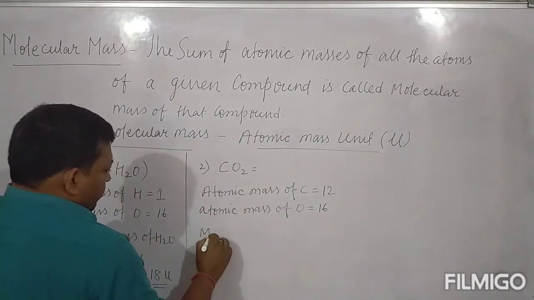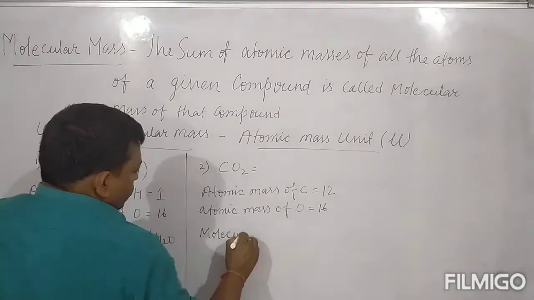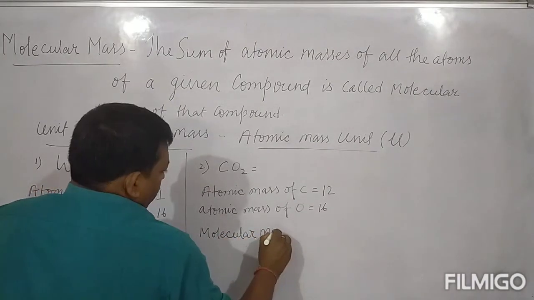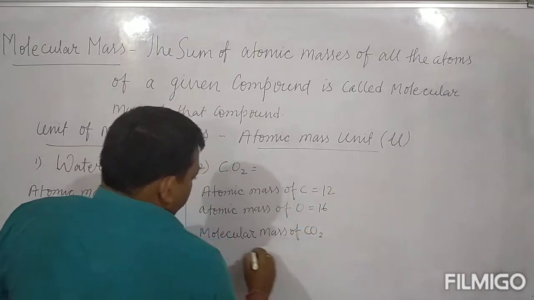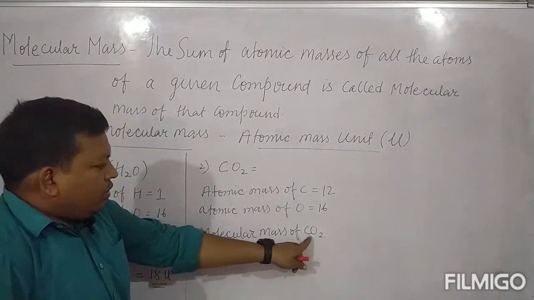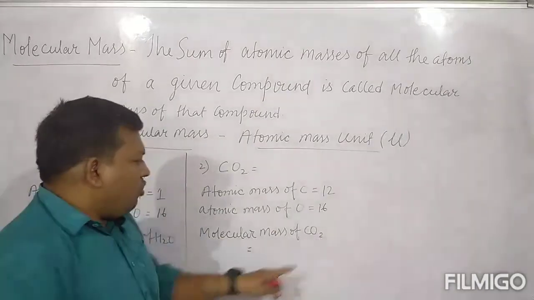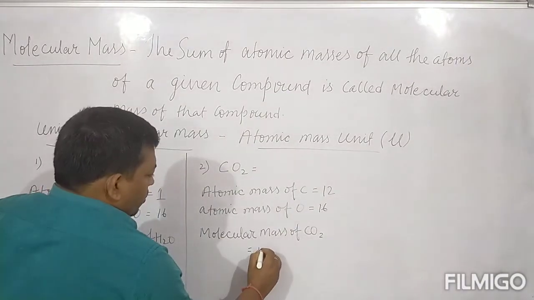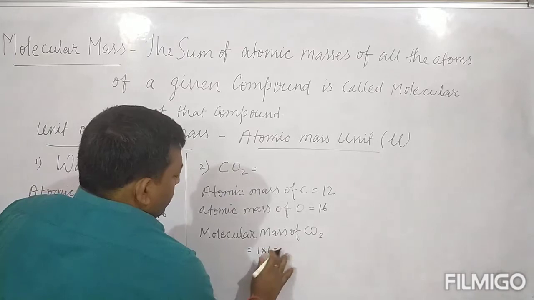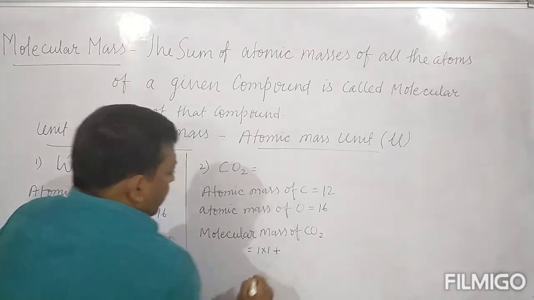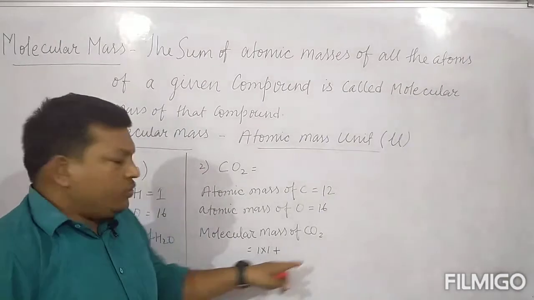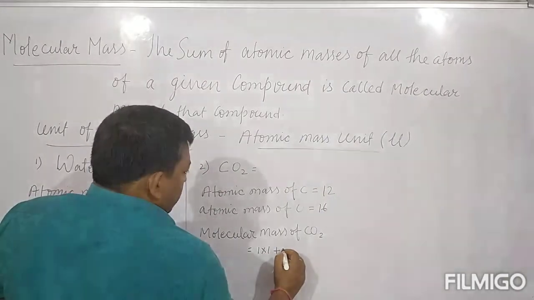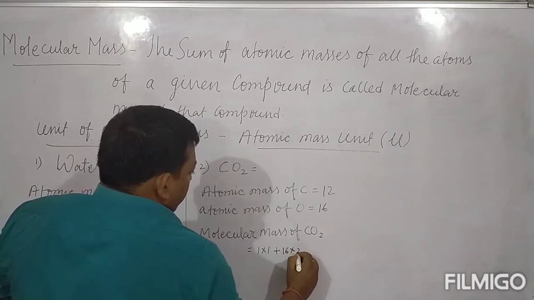So the molecular mass of CO2 equals: the number of carbon atoms in one molecule of CO2 is 1, so we write 12 multiplied by 1. And the number of oxygen atoms in one molecule of CO2 is 2, so we write 16 multiplied by 2.